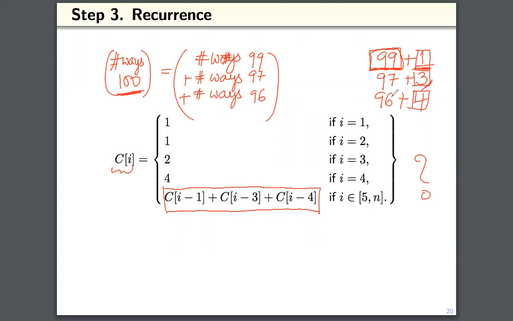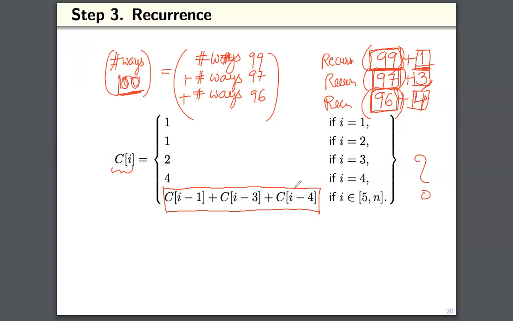If you consider 3 as the last number, all the remaining numbers should form 97. If you use 4 in 100, you need to use 1, 3, 4 again to make 96 recursively. So you are recursing on 99, on 97, and on 96. Make sense? That is the reason.